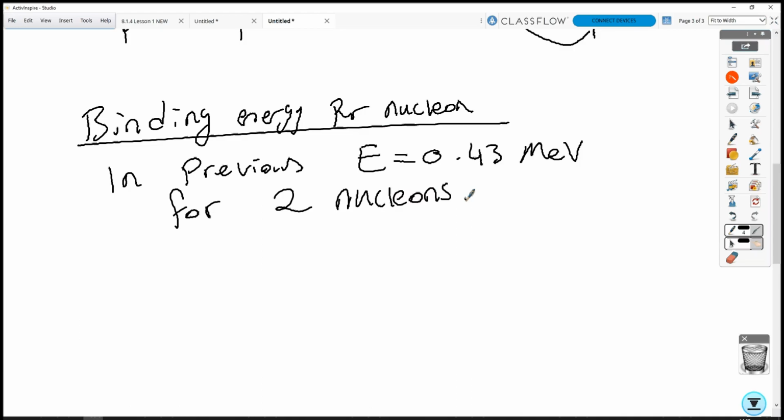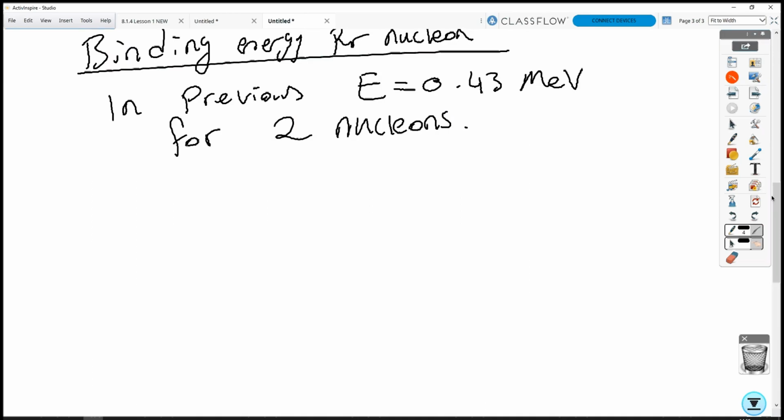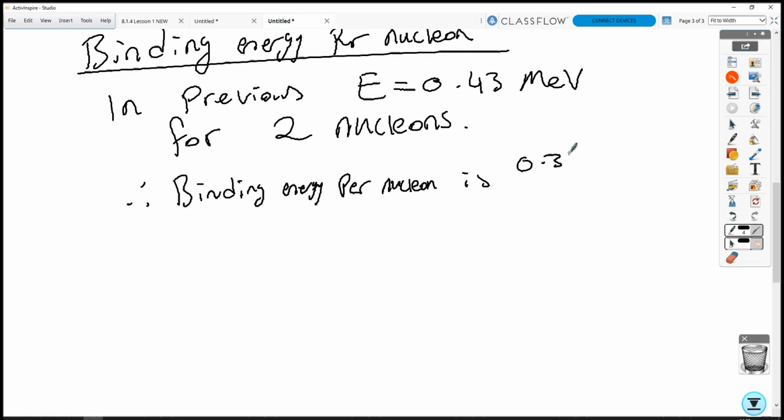So the binding energy per nucleon is 0.43 mega electron volts over 2. So therefore, the binding energy per nucleon is 0.43 over 2 mega electron volts.